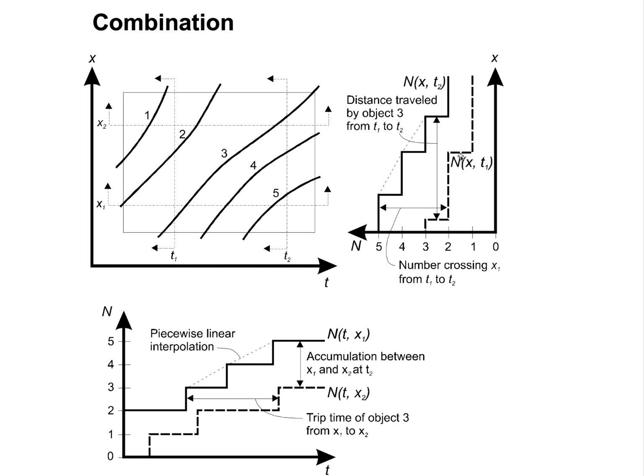Okay, so you can relate the 3 different types of curves. XT is the time-space diagram, NT at the bottom is the queuing diagram, and the NX diagram is not used in this course, but it's the third component that we described to you.